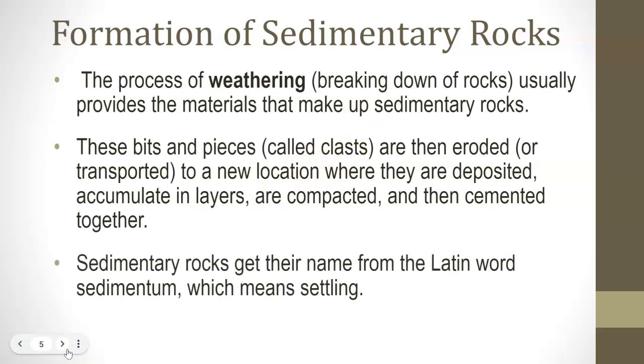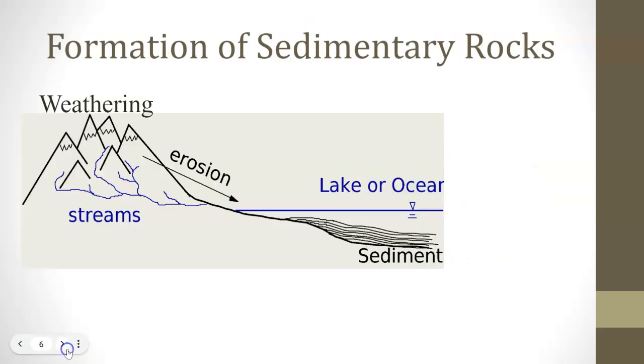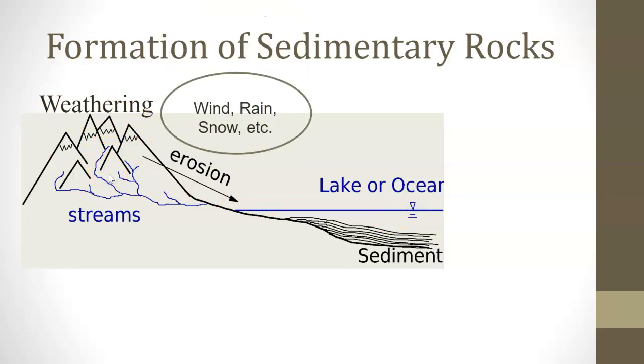So I'm going to show you guys a little scenario of a good place to find this. I kind of think of this as like the East Coast of the United States. So this would be like the Appalachians. Obviously it doesn't look exactly like that, but it's a good analogy for this. And then the Atlantic Ocean would be over here. So the mountains get weathered away, usually from wind, rain, snow, the elements beating down on it.